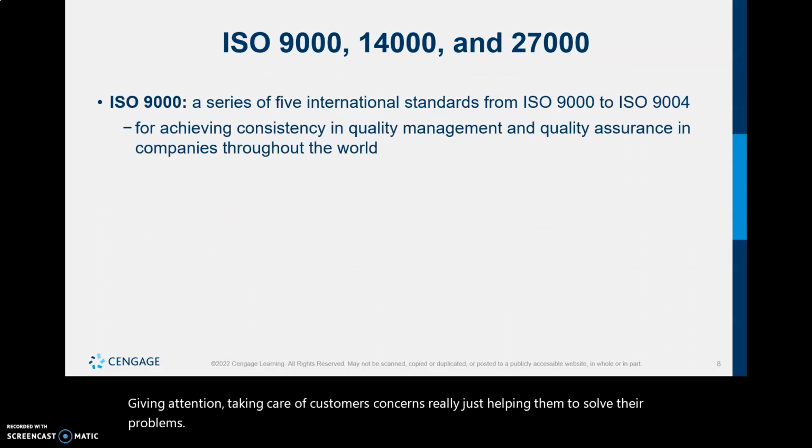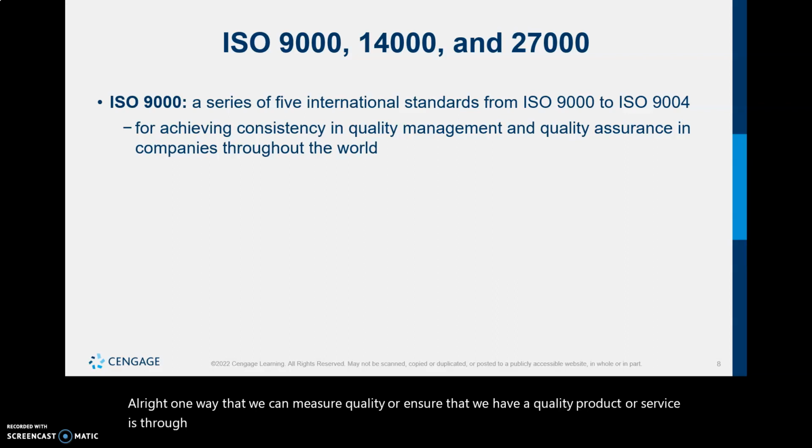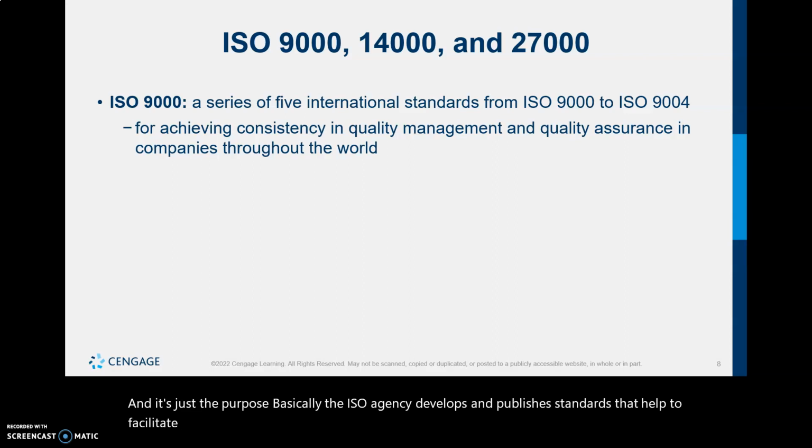All right, one way that we can measure quality or ensure that we have a quality product or service is through the ISO standards. The ISO agency develops and publishes standards that help to facilitate international exchange of goods and services.